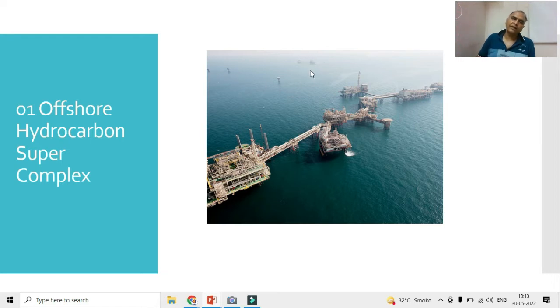These platforms are nearby and connected by steel bridges. One may be a process platform, some may be a storage platform, some may be an accommodation platform, some may be wellhead towers, some may be a drilling rig. All these are connected together, and we can travel from one platform to another. For that only this bridge is there.